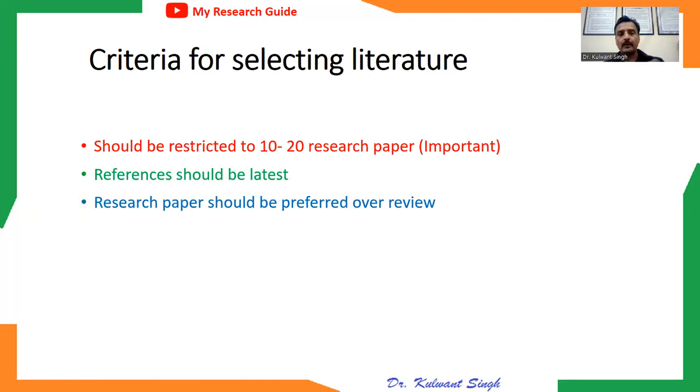Research papers should be preferred over reviews, and should be 100% relevant to your topic. When you are selecting the literature, prefer to search for research papers from good journals, and among the journals select the few that have a good impact factor.